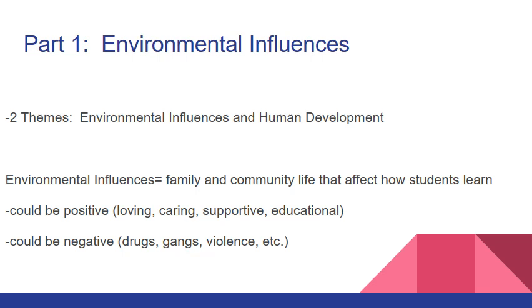Some examples of negative influences that interfere with students' academic progress could include drugs, gangs, a breaking up of the family structure that the student was aware of, and of course, violence.